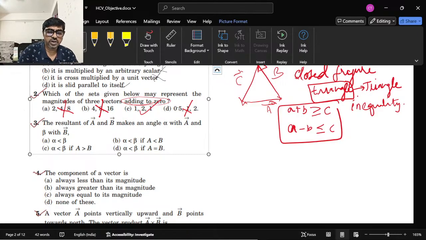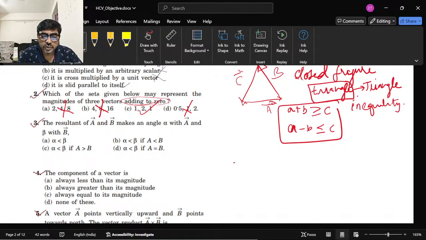Okay. Now let us look at it. We'll take extreme situations. A is very small, let's say A is this, and B is big, B is big like this. And the resultant would be, you can use the parallelogram law of vector addition.